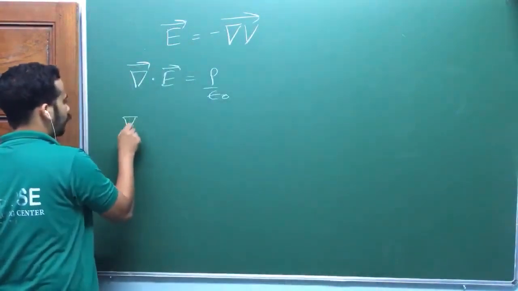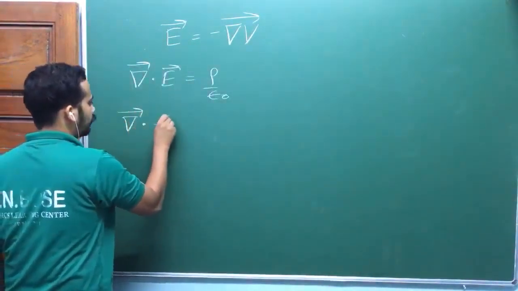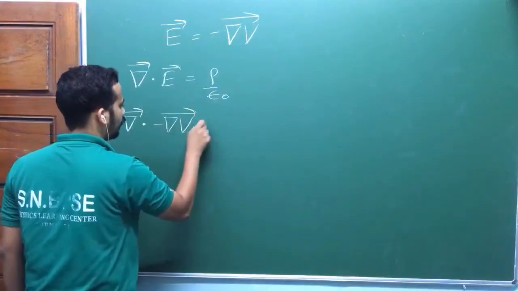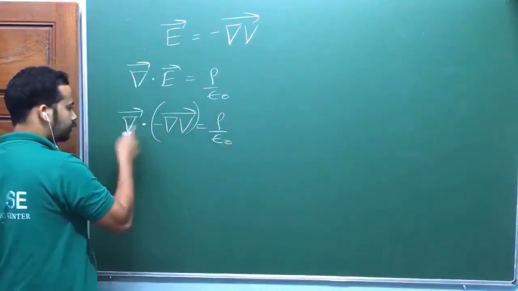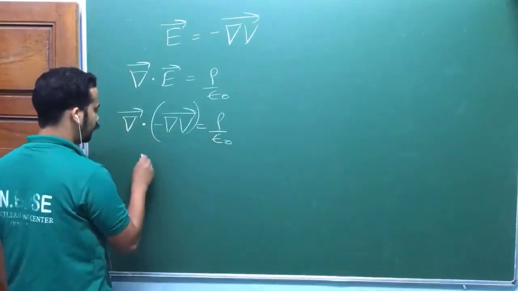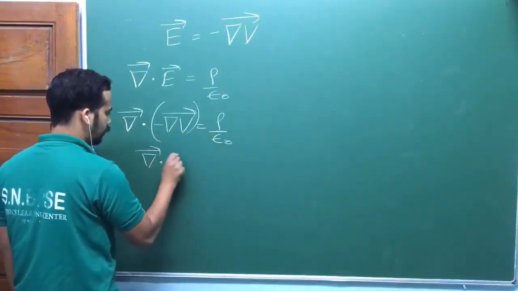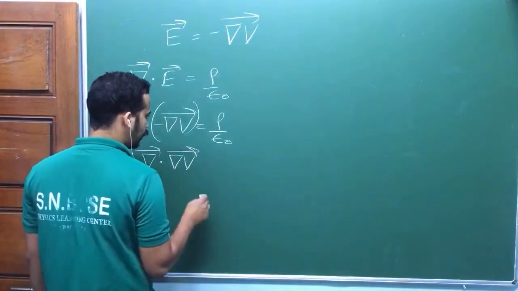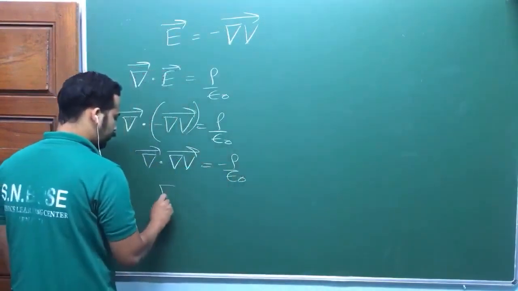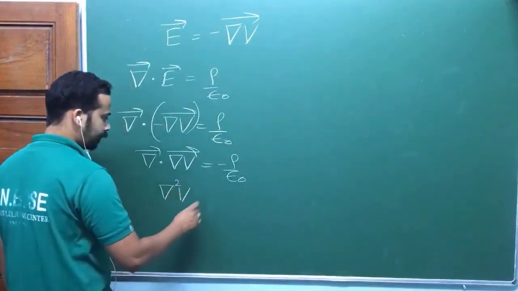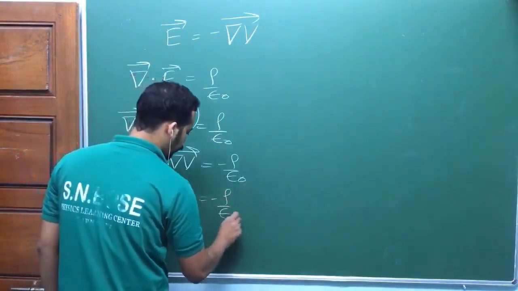But the other one will generate a new equation. Now look here. Del dot E, where E is minus del V, is equal to rho by epsilon naught. If you take the negative sign to this side, it will be del dot gradient of V, equal to minus rho by epsilon naught. So del square V is equal to minus rho by epsilon naught.